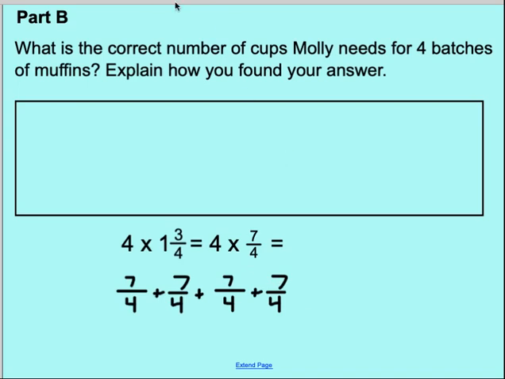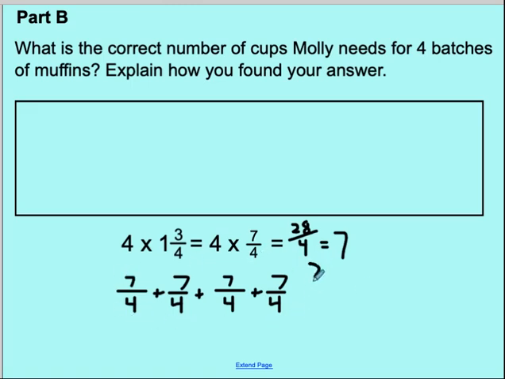So over here, I'm going to write 28/4. And I know 28 divided by 4 makes 7. So I think my answer is actually 7, or Molly's answer should actually be 7. Now, maybe you decided that you don't really want to do this addition, right?